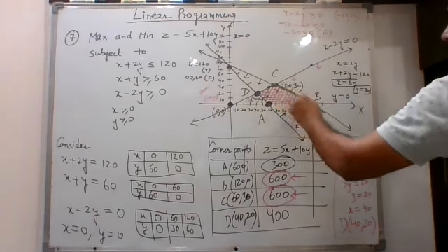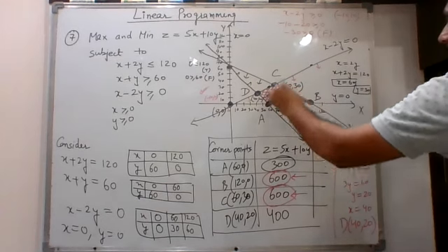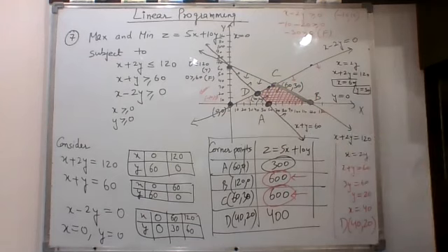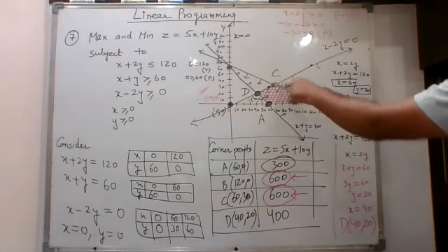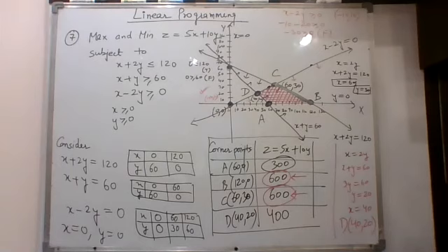Now you have to see that the maxima will exist at all the points joining line segment BC. Whenever we have maxima or minima at two consecutive points, you will write that the maxima will exist at all the points joining line segment BC. So how to write the answer? Let me explain that.